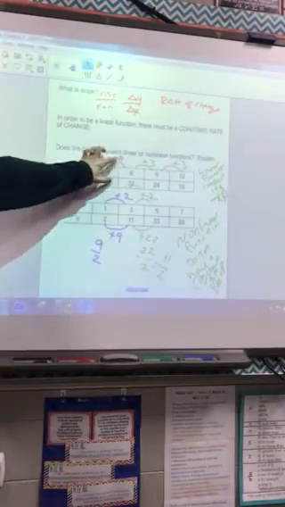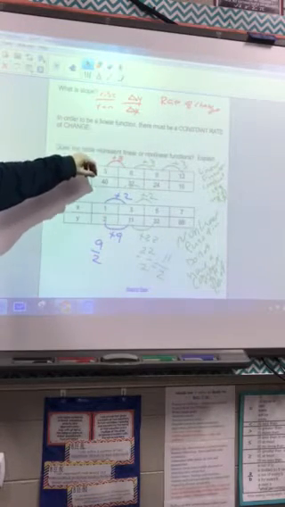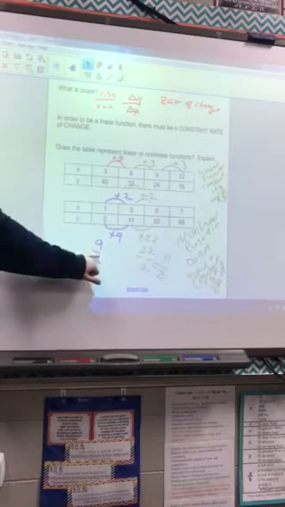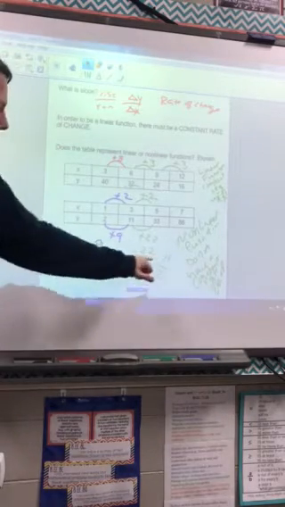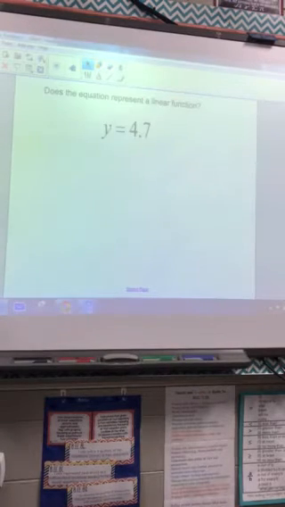If it's a consistent change between your y and your x, it is a linear function. If it has an inconsistent change or the change is different, your slope is different, can't find the slope, then it's a nonlinear function. All right, so the last section, do these equations represent linear functions?